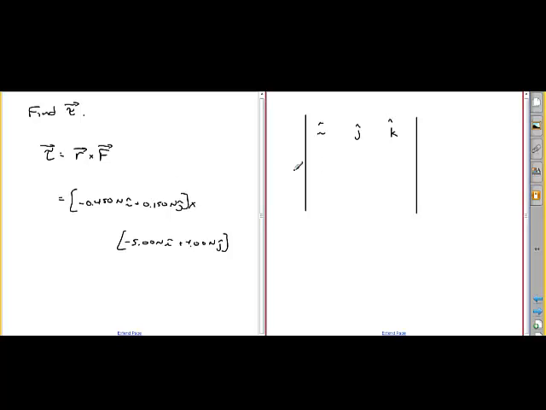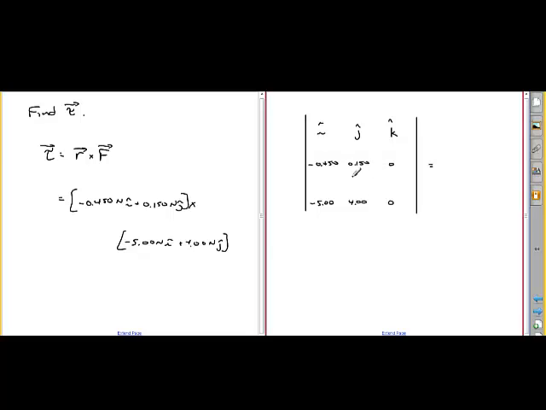And then you put in the values associated with R. I'll leave the units off right now. And then you put the values in for F. And it's just two-dimensional, so you end up with that.